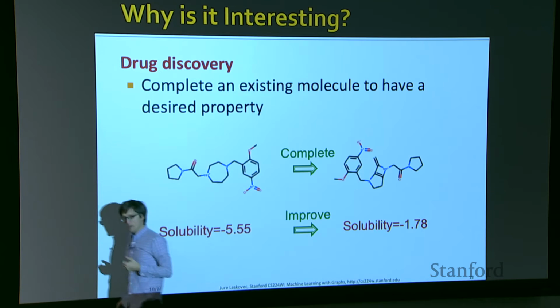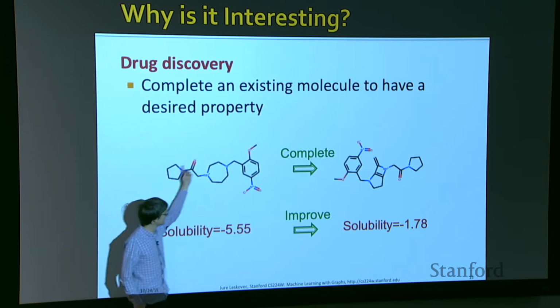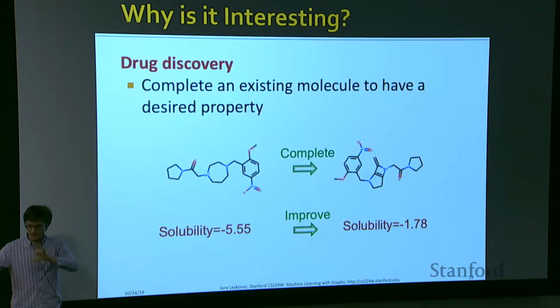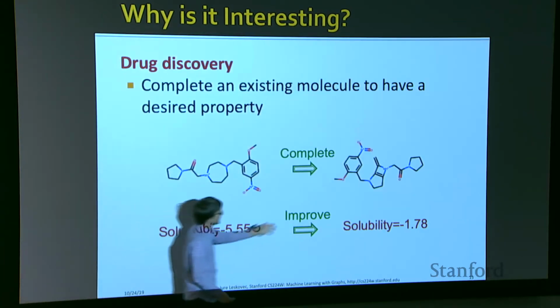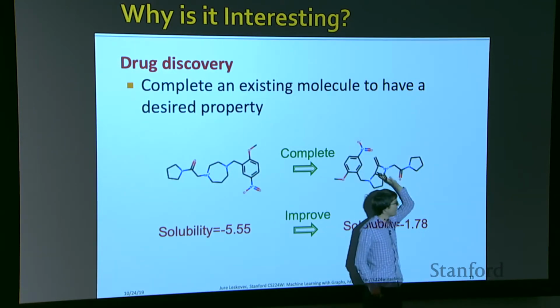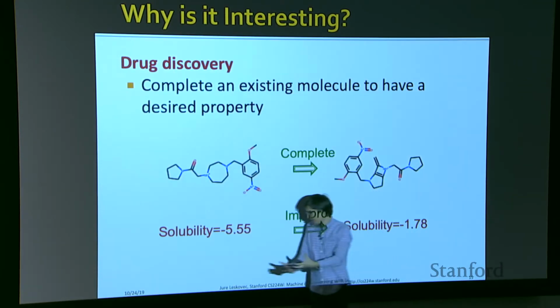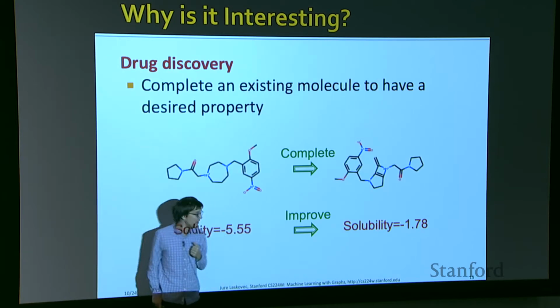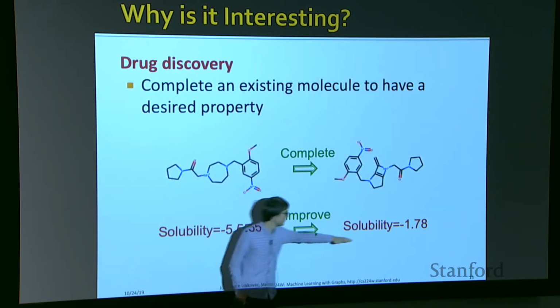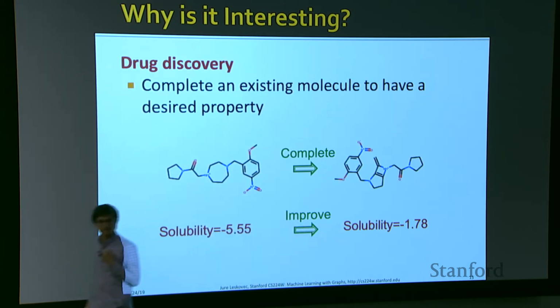Why would you maybe want to do this? Is to say, oh, I have some active part of the molecule that I know has therapeutic effect, but I want this molecule to be stable. So I want to print the rest of it so that the molecule will be maybe more soluble, right? So this is not soluble. I print the rest of it. Now it is much more soluble, right?